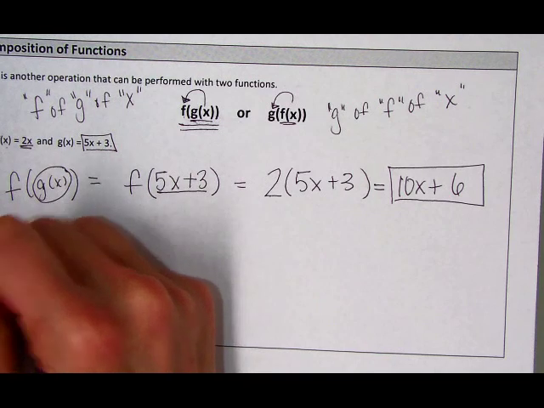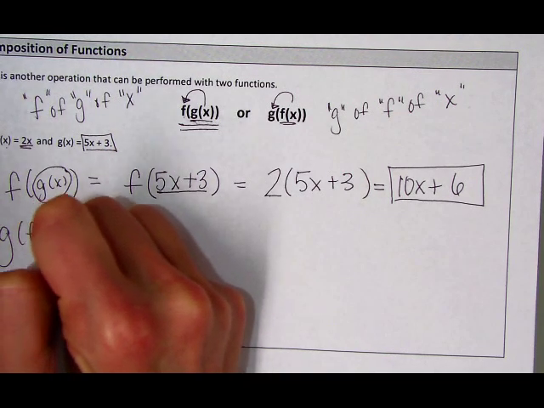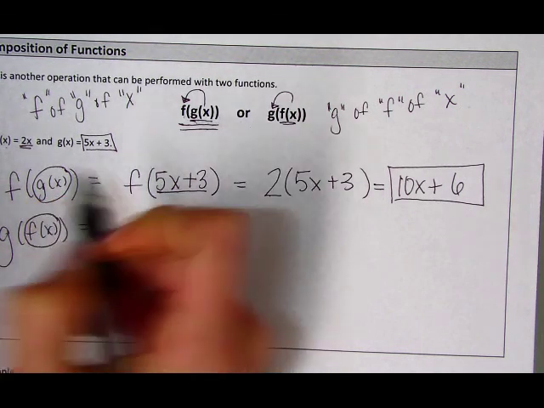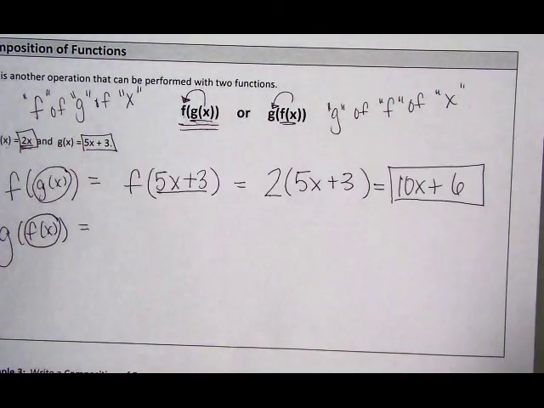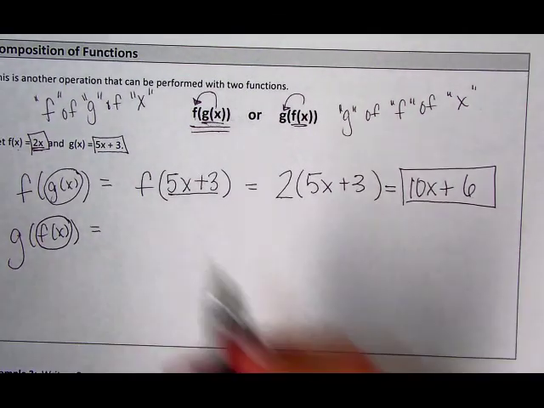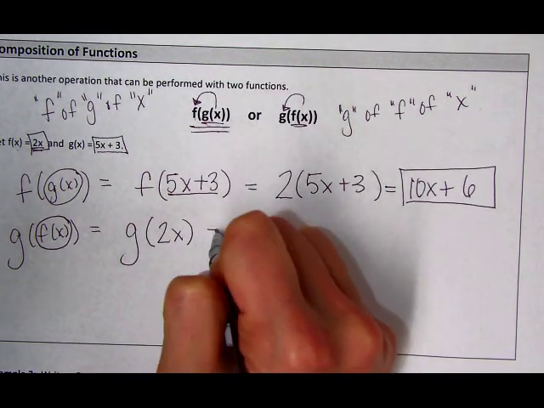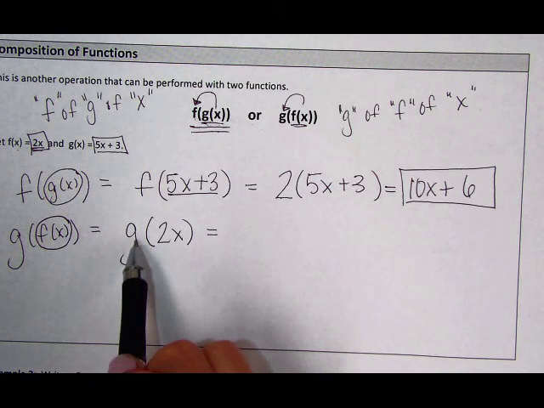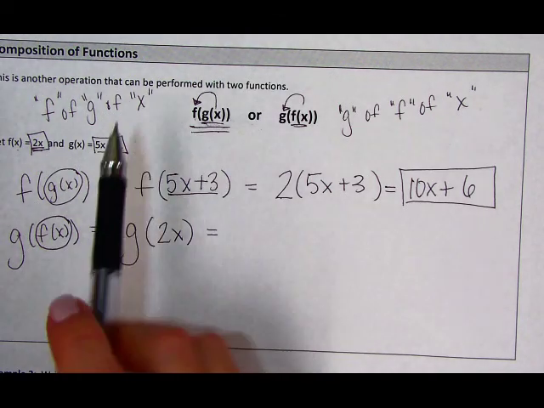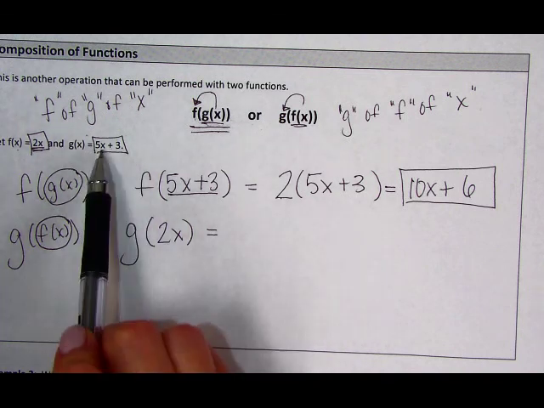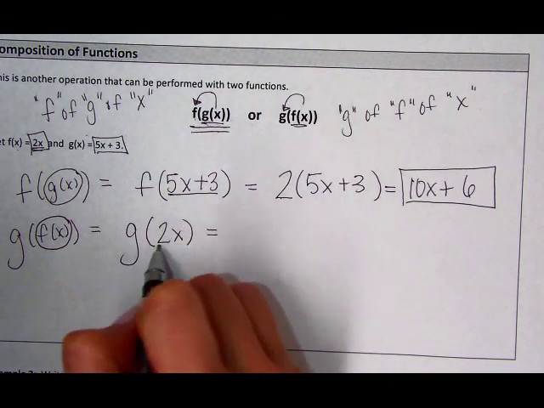If we look at g of f of x, I'm now taking this entire f of x and I'm plugging in 2x. And when I do that, I get g still on the outside. I'm plugging in 2x, and that means, because g is the last function on the outside, I'm going to take my skeletal g function, and wherever I see x, I'm plugging in 2x.